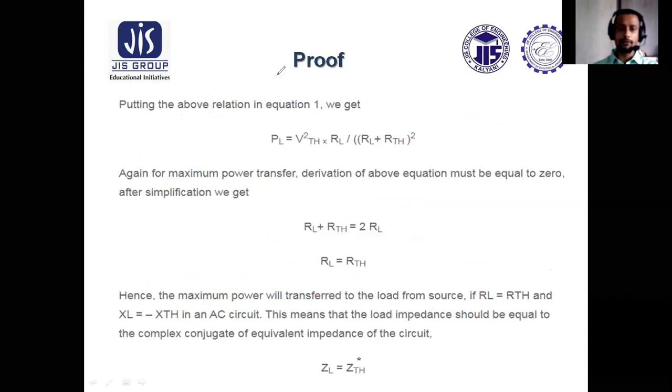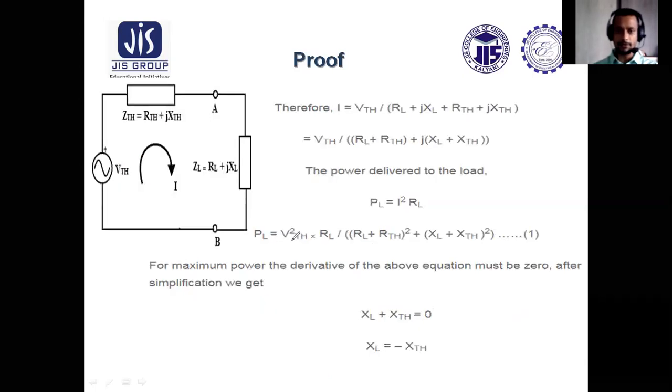Now in the previous equation, let us substitute the value of XL. What was the previous equation? This was the previous equation. Here, if we substitute XL equals minus XTH, this term will become 0.